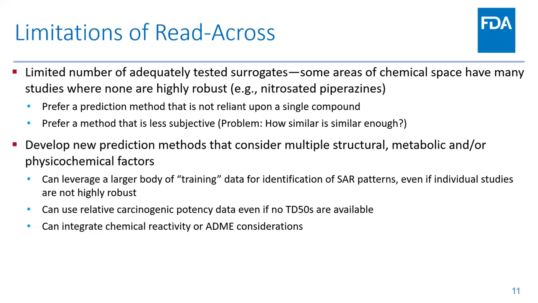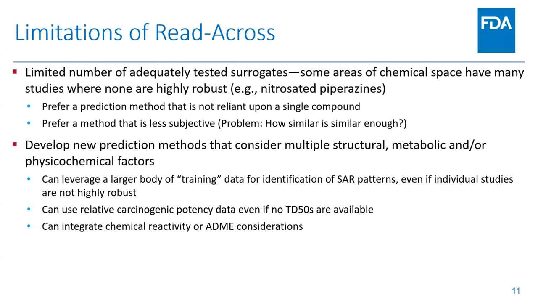We also have the ability to learn from relative carcinogenic potency data, even if we actually don't have TD50 values available for those studies. For example, if we have a pair of compounds that are tested in a carcinogenicity study under the same conditions, but one causes a higher rate of tumors than the other, we can conclude that there's something about that compound that's more potent, and we can start to look at the structural features that might be contributing factors, even though we actually don't have a TD50 value to learn from.